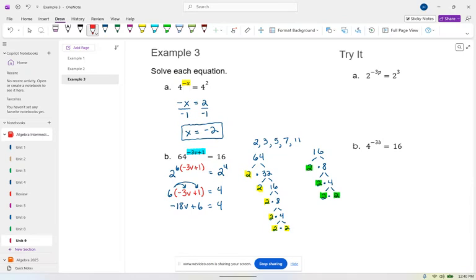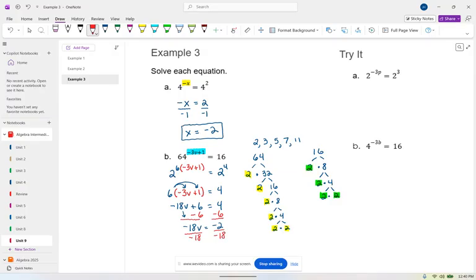To solve this two-step equation, the first thing we're going to do is subtract 6 from both sides. That's going to get us closer to having the v by itself. So the negative 18v is going to come down, negative 18v, and then 4 minus 6 is negative 2. Next thing, divide by the negative 18. Remember, we're going to add and subtract first, and then we're going to multiply and divide second.